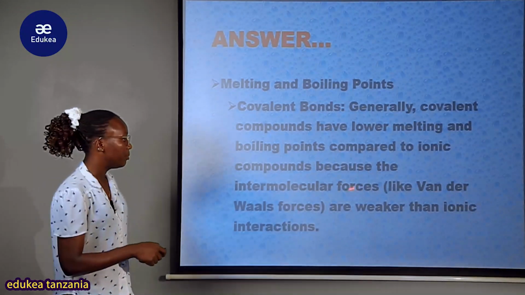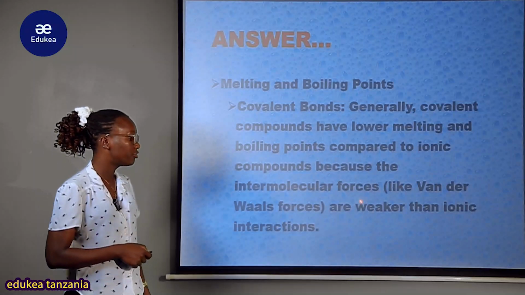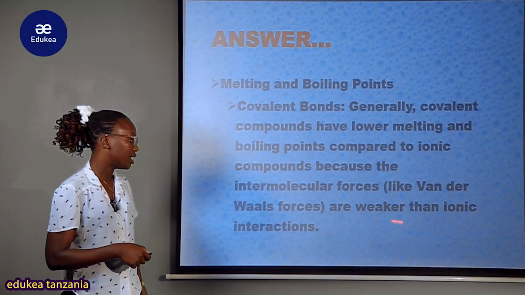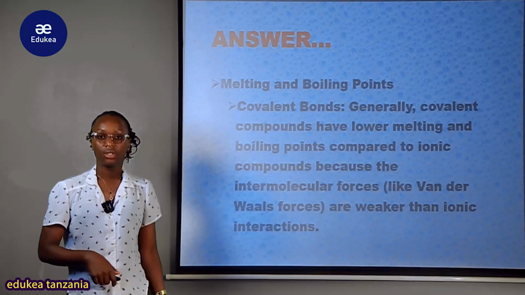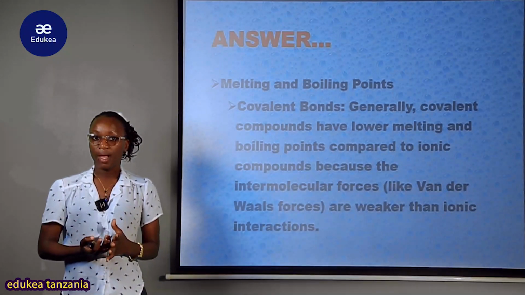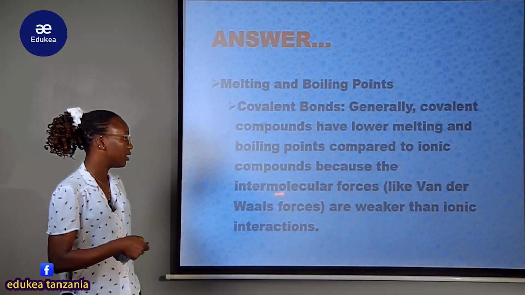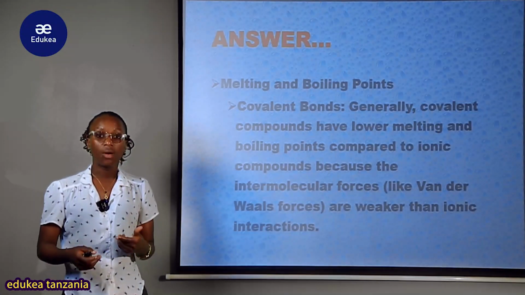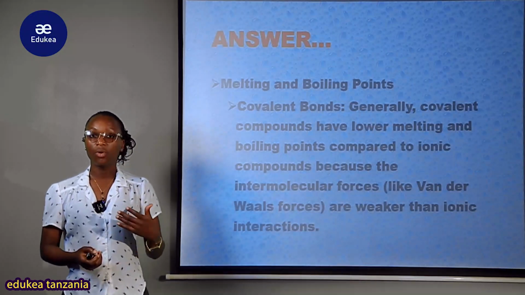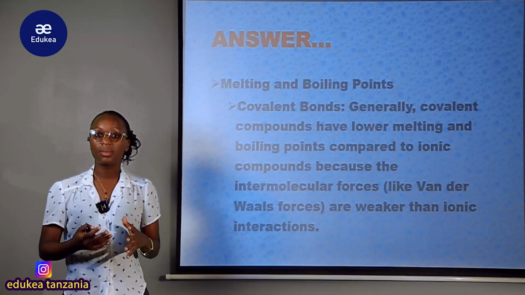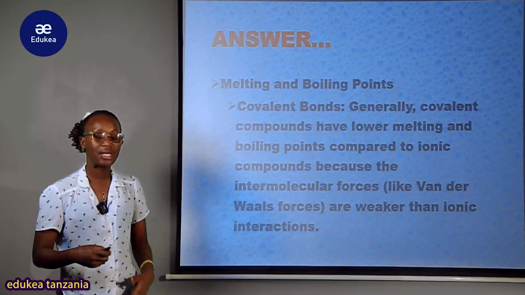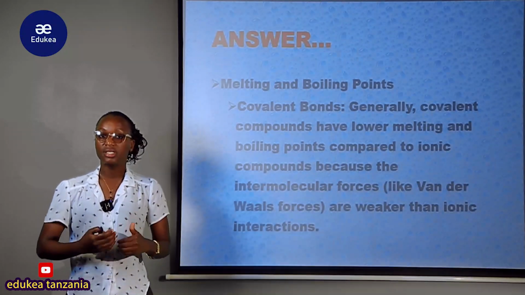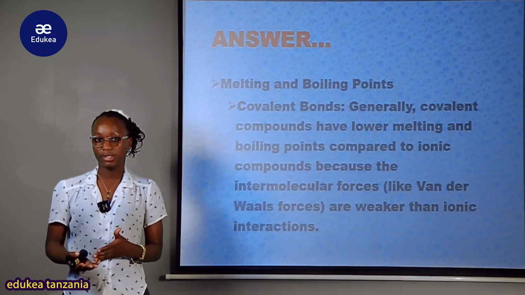Hii ni kwa sababu gani? Simply because the intermolecular force like van der Waals forces are weaker than ionic interaction. Kwamba ile force ambayo mfano imekuwa referred this van der Waals forces, now in your level utaelewa kwamba ni intermolecular force, lakini utakapokuwa unaenda kwenye level nyingine utakuwa unasoma zaidi what is van der Waals forces, utakuwa unasoma in detail and so forth, lakini for now we just integrate from simple to complex.